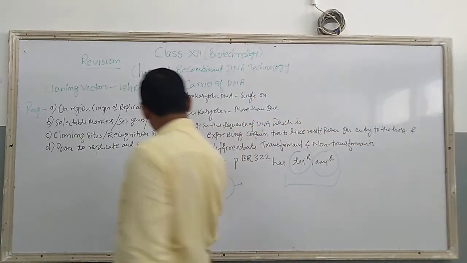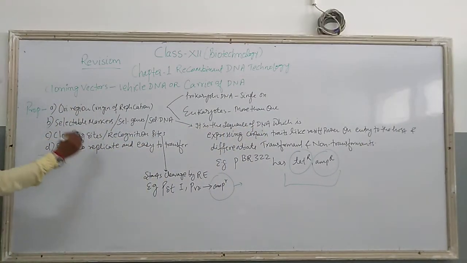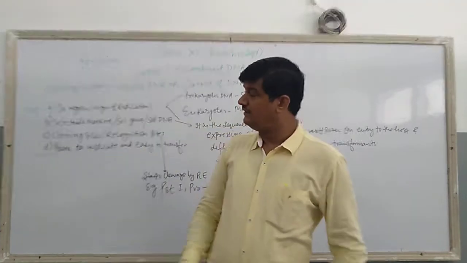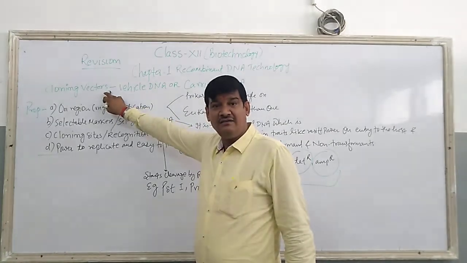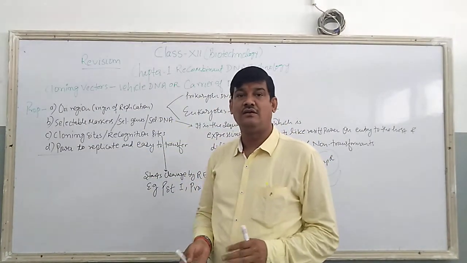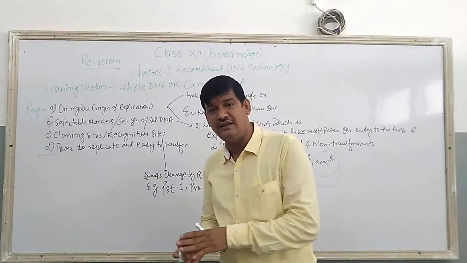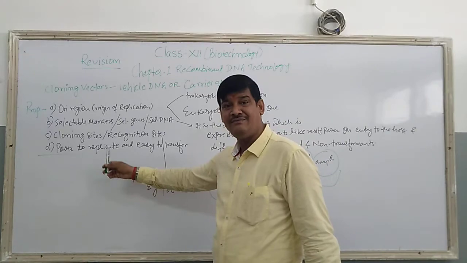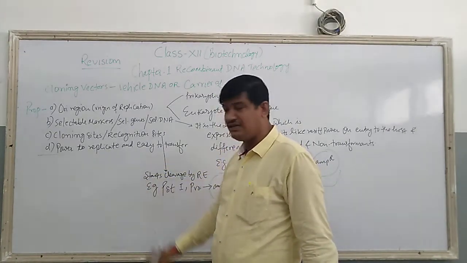Next, power to replicate and easy to transfer. The vector has the property of the power of replication. Upon insertion into the host cell or any other bacterial cell, it must show the power of replication.